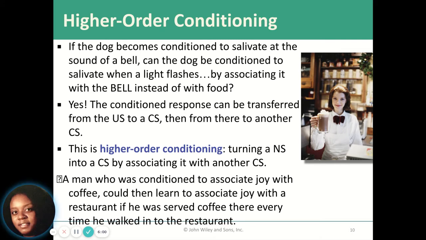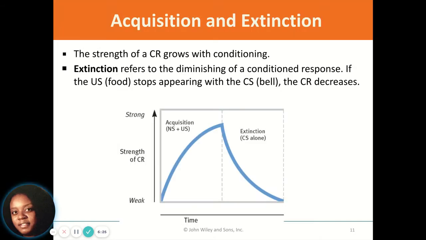So if Pavlov not only wanted his dog to respond to a bell, he could also get that dog to respond to a flashlight or anything else he wanted to condition. That would be considered higher order conditioning, because you've taken something that was once neutral and you've paired it with something else and created another conditioned response.